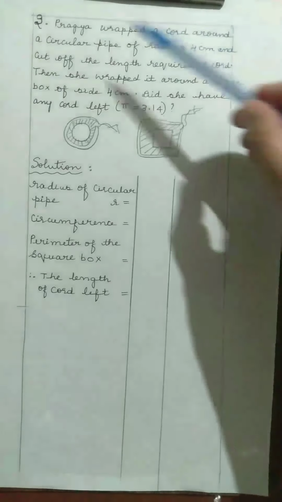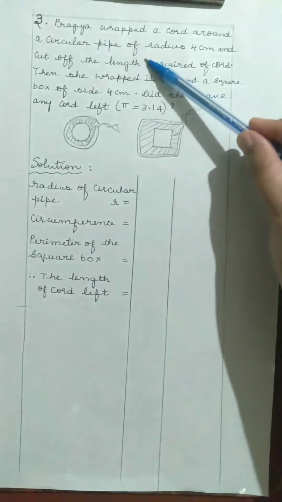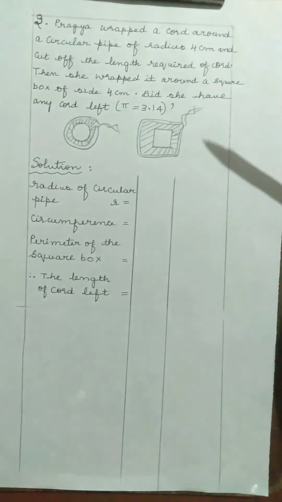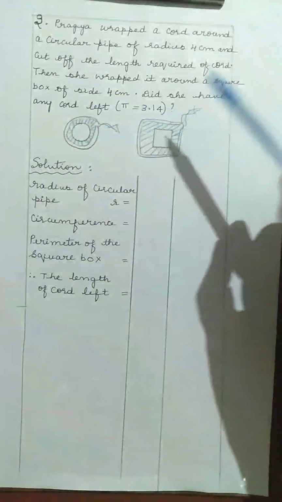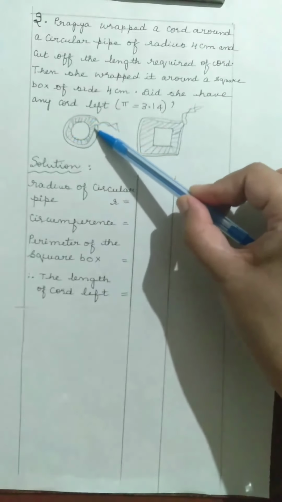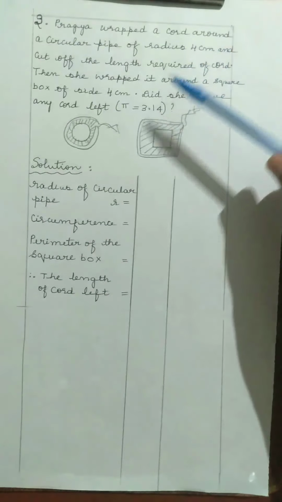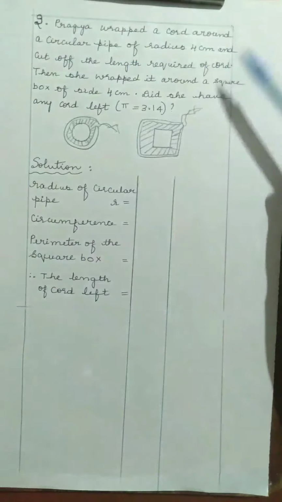Now the next, second question. Pragya wrapped a cord around a circular pipe of radius 4 centimeter. So in this figure, children, you can observe that this is a cord wrapped to the circular pipe of radius 4 centimeter and cut off the length required of cord.